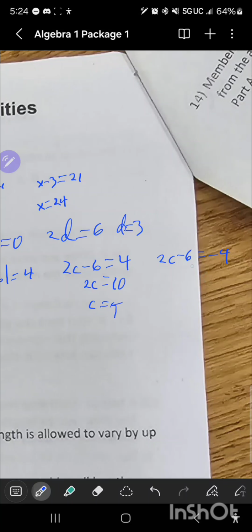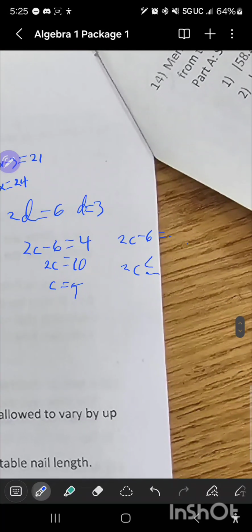In this case, we add 6 to both sides again, but now 2c is equal to negative 4 plus 6.